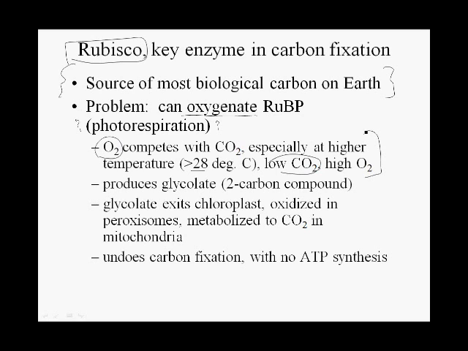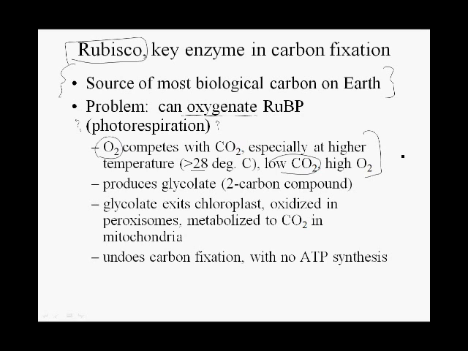So the inside of leaves, there's a lot of airspace, and there's gas exchange between the inside of the leaf and the outside air through pores called stomata on the leaf epidermis. But that also allows escape of water vapor. So when the plant needs to conserve water, it has to close its pores, its stomata.